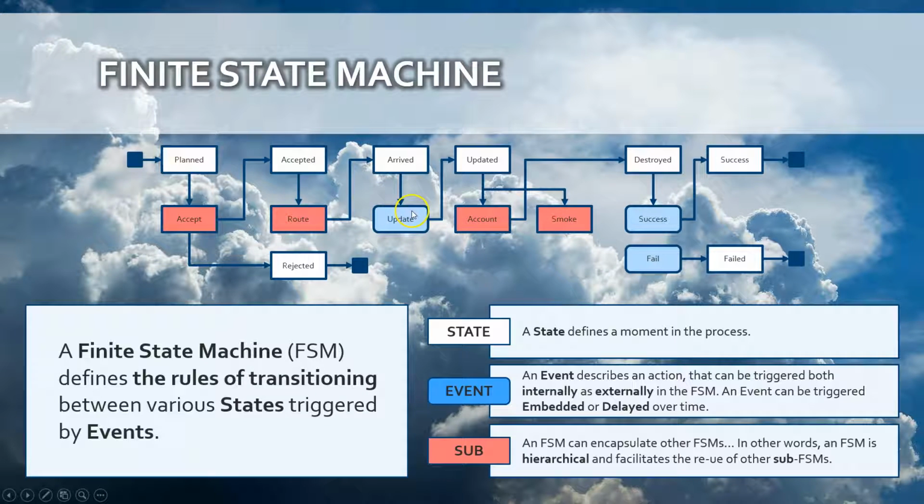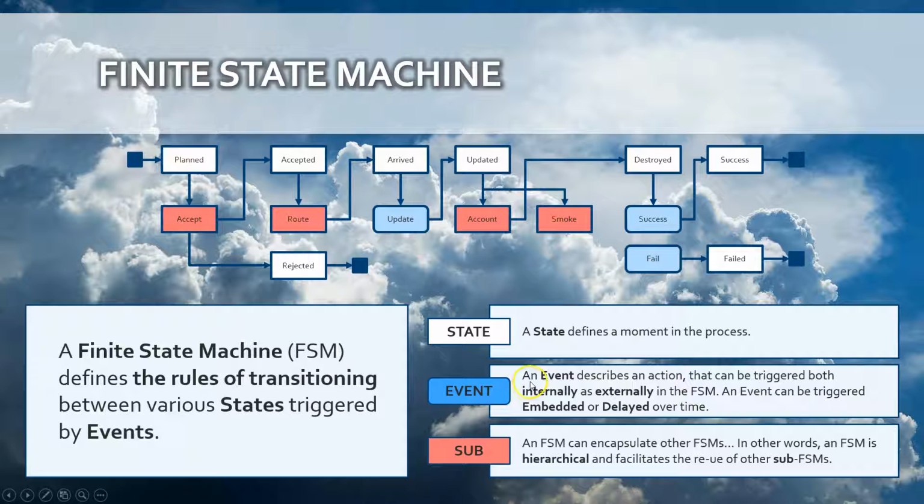It would actually be an error. But if the state of the FSM is arrived and the update event is fired, then the transitioning can occur, and the result of the transitioning will be that the finite state machine will be in an updated state. So in summary, the states, the white boxes, define the moment within the finite state machine process.